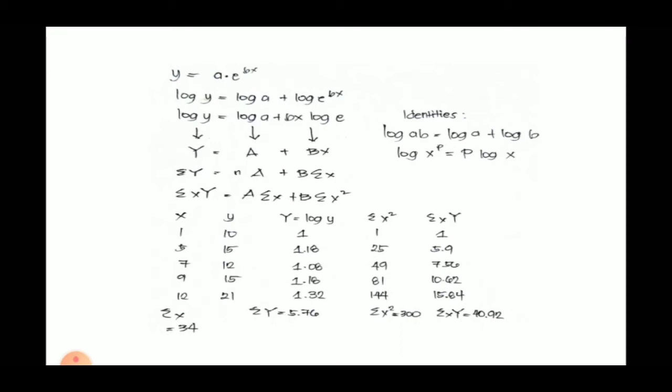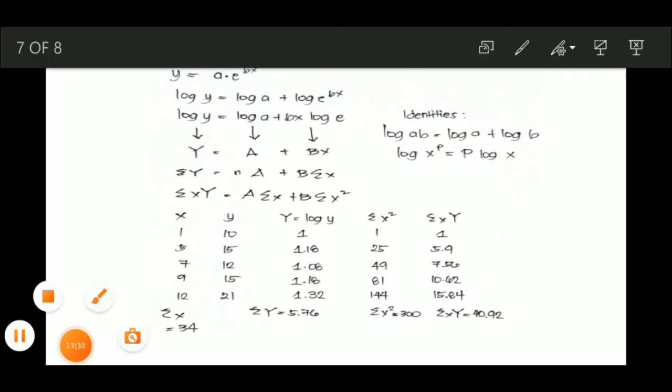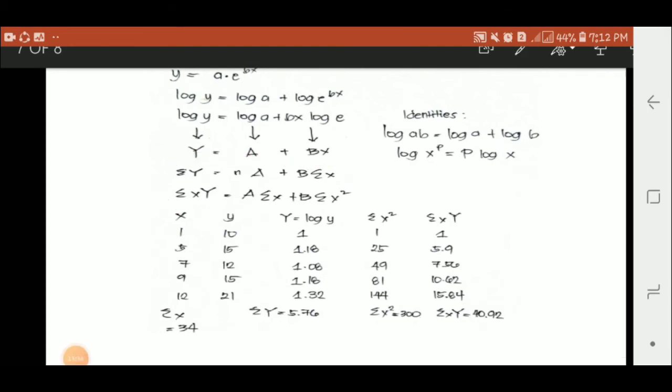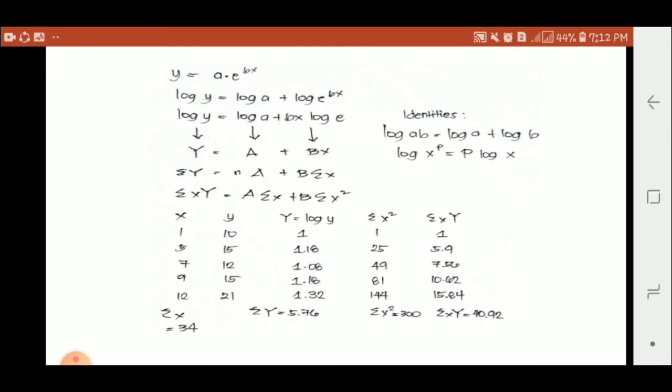Same with the straight line, we are still using the two normal equations, the same concept. So y is equal to a times e raised to bx. In this case, we take the log of both sides, so log y.